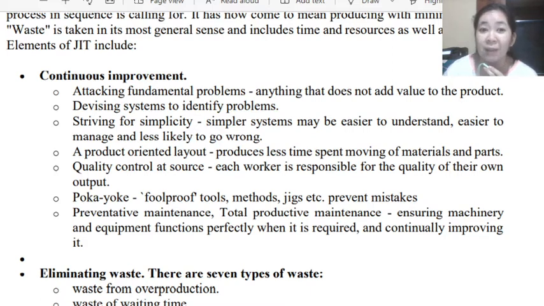Another is striving for simplicity, meaning a simpler system may be easier to understand, easier to manage, and less likely to go wrong. Complicated processes should be restructured or re-engineered to become simple, to eliminate the waiting time or waste that a complicated process can create.